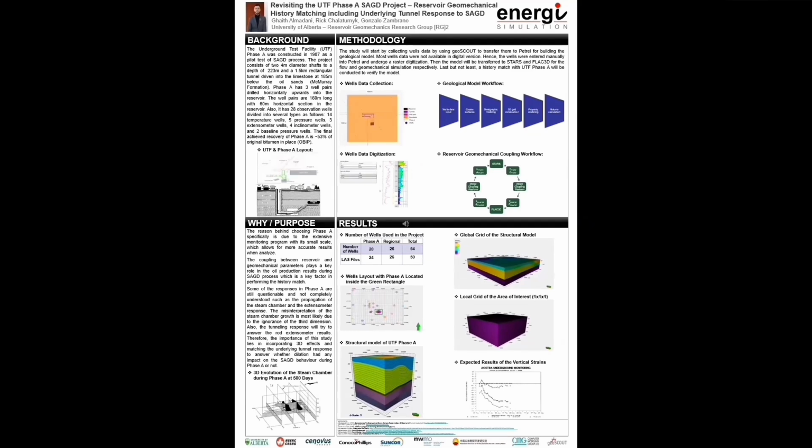Then after that, the geological model will be transferred to STARS and SAGD, and the work will start on the reservoir geomechanical simulation. So that concludes the poster presentation.